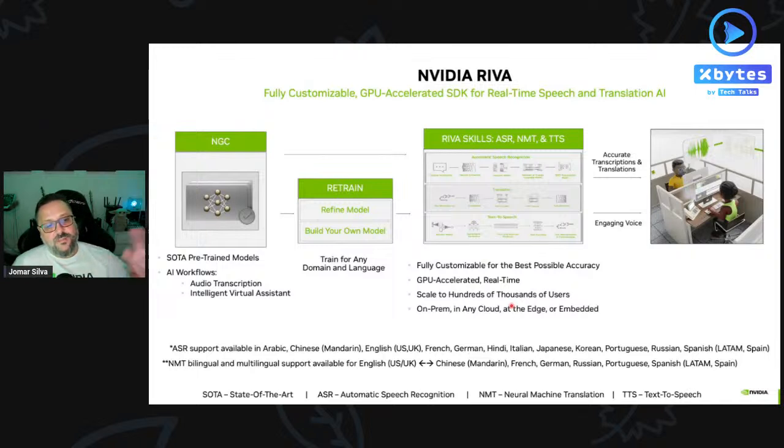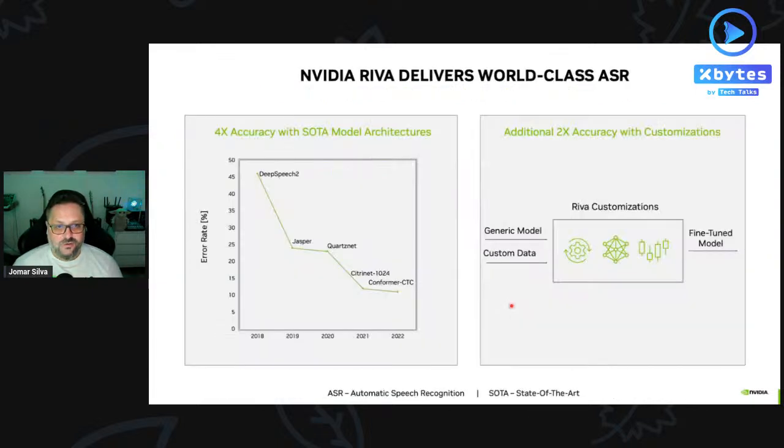Riva uses pre-trained models, the same way that we talked about TAO. You can use TAO to retrain those models. And if you need to expand the model or do something more complex, you can use NeMo. Then you can implement all three key tasks using Riva and implement your end application using this technology.